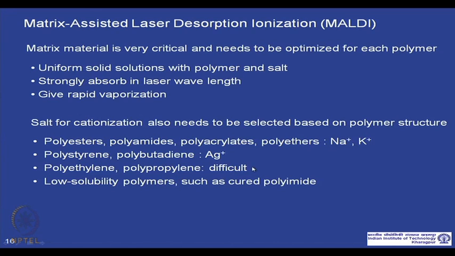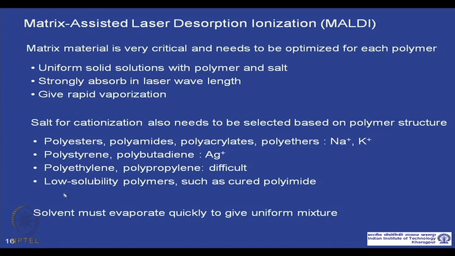For olefinic polymers like polyethylene, polypropylene, it is very difficult to find a cation which might complex with the olefinic polymer. So, it is very difficult to cationize and analyze these polymers by MALDI. And low solubility polymers, which do not dissolve in a solvent, are also very difficult.